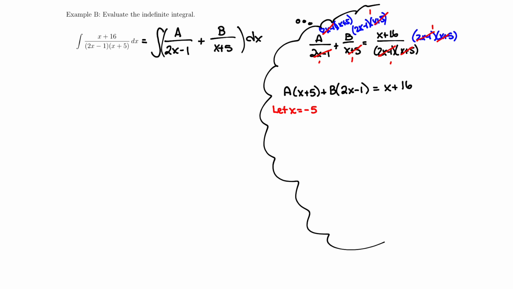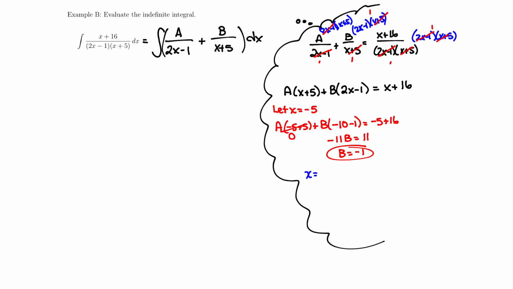Most people tried to cancel out the x plus 5 with a minus 5, so they got a times negative 5 plus 5 plus b times negative 10 minus 1 equals negative 5 plus 16, or negative 11b equals 11, or b equals negative 1.